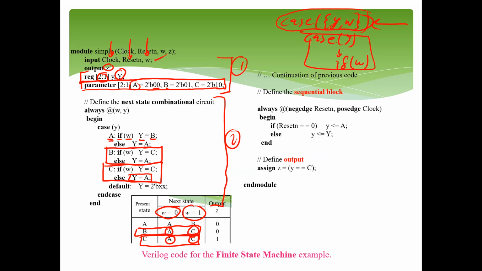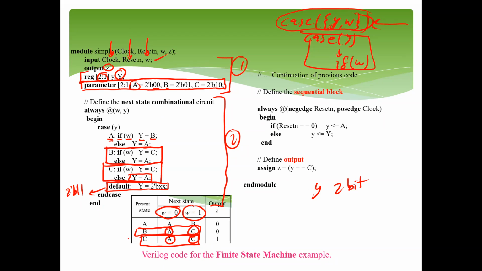This default value is because we are only using 3 combinations out of the 4 allowable combinations. Since Y is declared as 2-bit, I can have 4 different values for Y. So if Y is equal to whatever we did not declare here, which is case 1-1, either you write default or you write 2-bit 1-1.